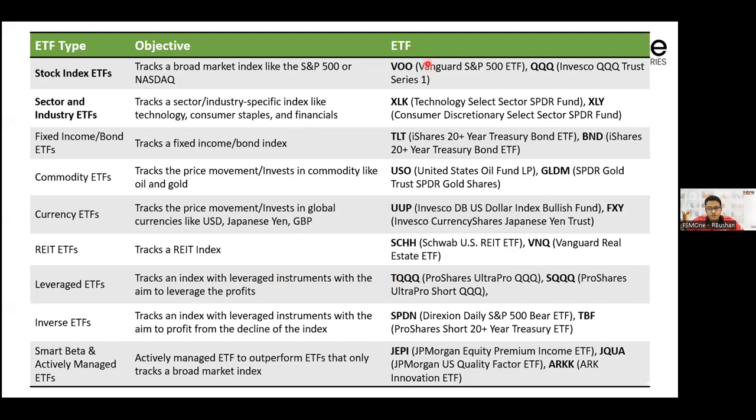You have your QQQ, which tracks the Nasdaq 100. But the ProShares Ultra Pro gives you a leverage impact. It means that when you get a 1x return for QQQ, with a leveraged ETF, you can get 3x returns.